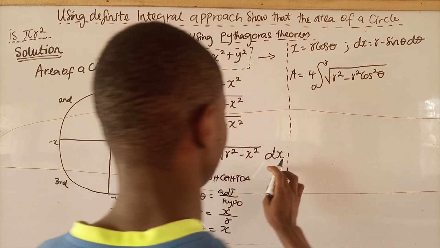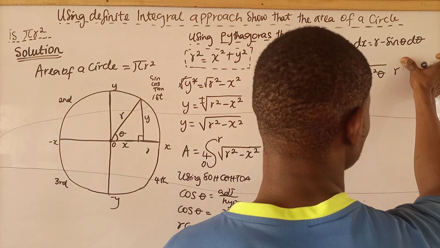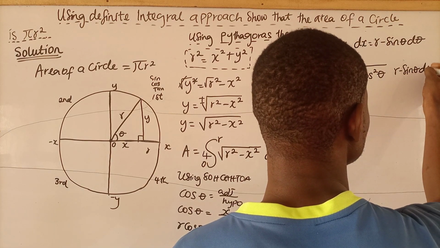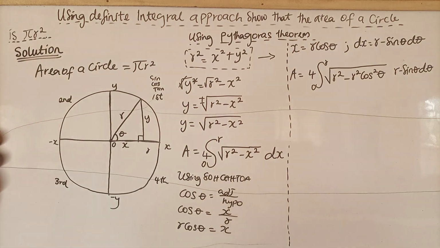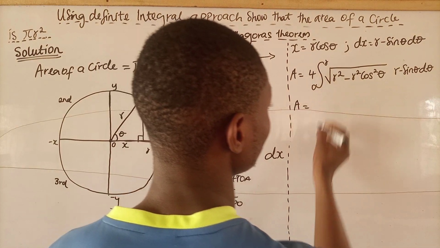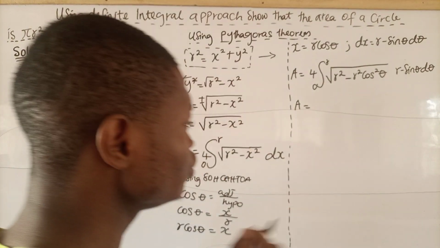Then the x is now what? R minus sine theta d theta. So that's our r. So area is equal to, okay, we can do something here.